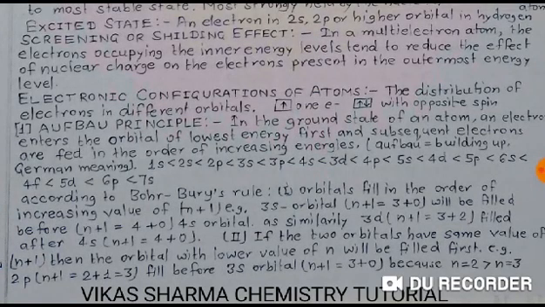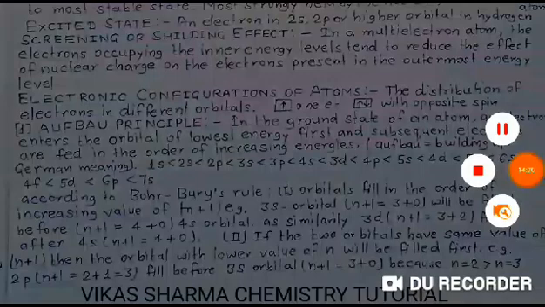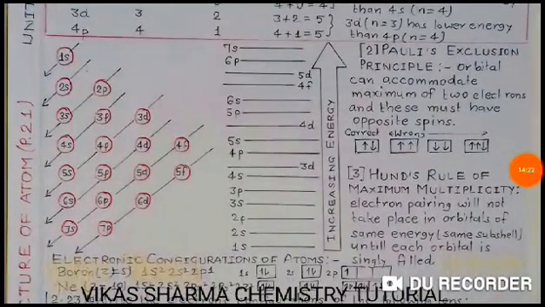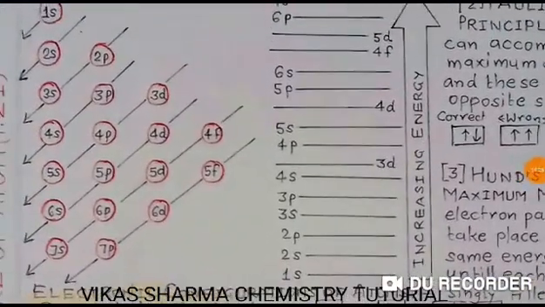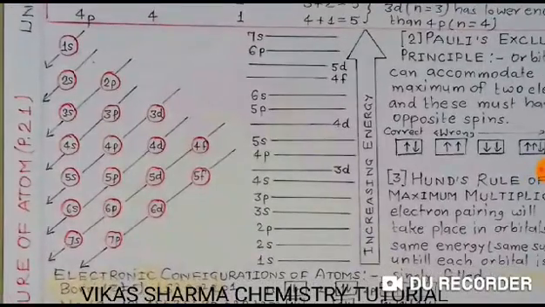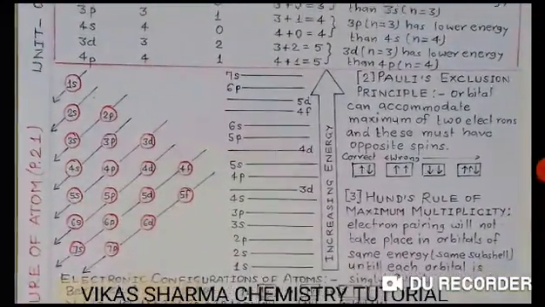Example, 2p, where n plus l is equal to 2 plus 1, 3, fills before 3s orbital because n plus l is 3 plus 0. Because of lower n, the lower shell is filled first. So students, you have seen on the Aufbau principle how the electrons are filled. This is an easy way to learn it yourself.